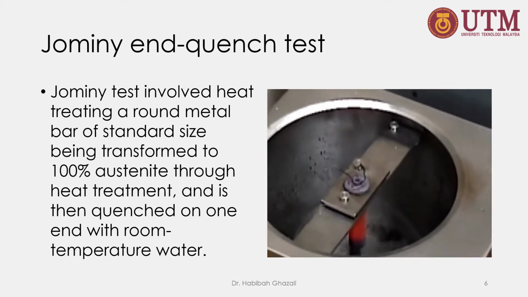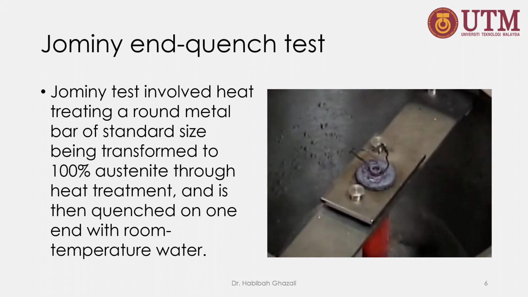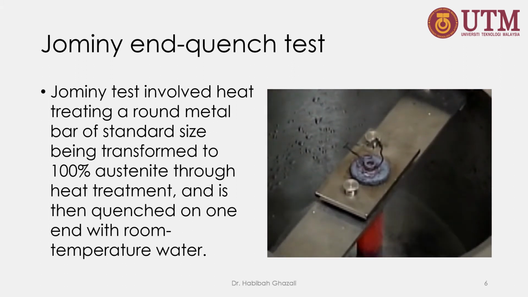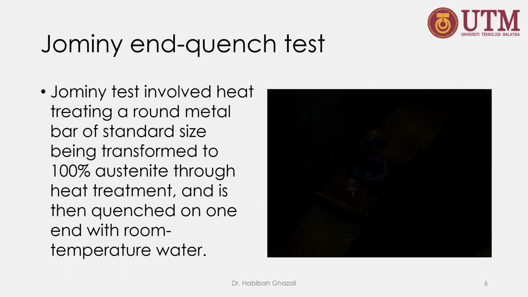As you can see from the clip, the cooling happens continuously from one end towards the other end of the steel bar. So as you can predict, the microstructure transformation does not happen abruptly, and you can expect it to differ from one end to the other.